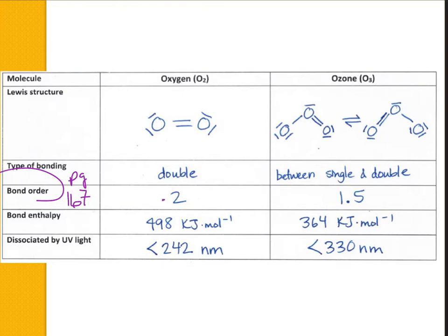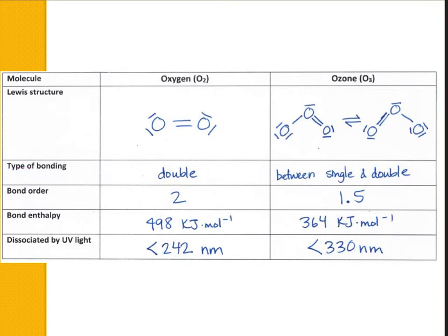And then the resonance is kind of a halfway because it's delocalized, so if you're between 1 and 2, it's a 1.5 in terms of bond order. There is a whole lot more to bond order, but not that IB cares about. So that's all we need to know, is that the bond order for oxygen is greater than the bond order of ozone, and so you're going to see a stronger bond, more energy required to break that bond, as opposed to something with a lower bond order. And the strength of the bonds we have talked about, where single bonds are the weakest and it takes the most energy to break up the triple bonds and so on.